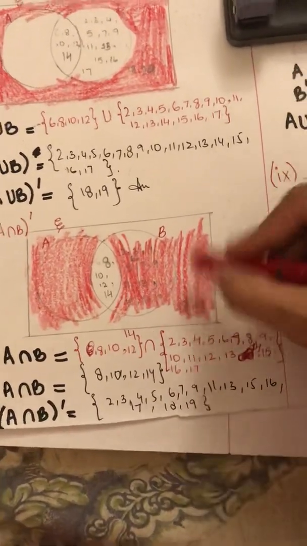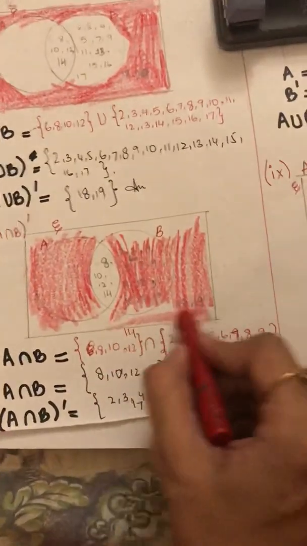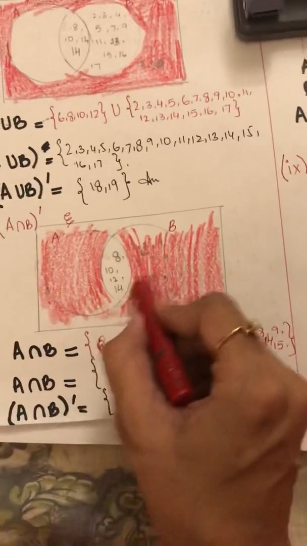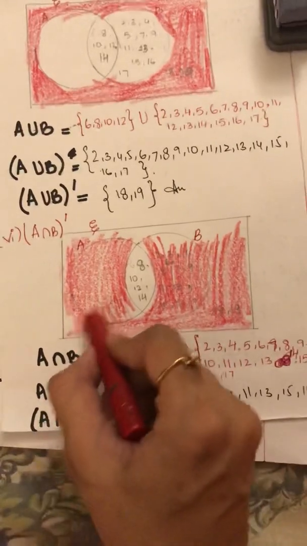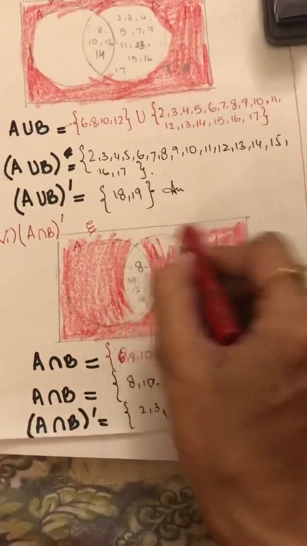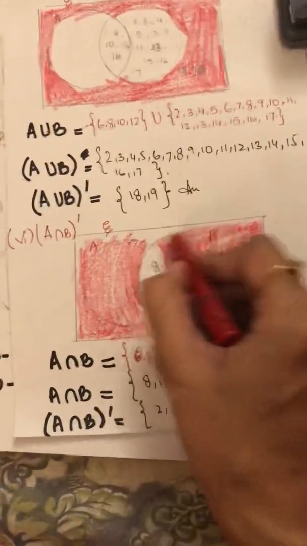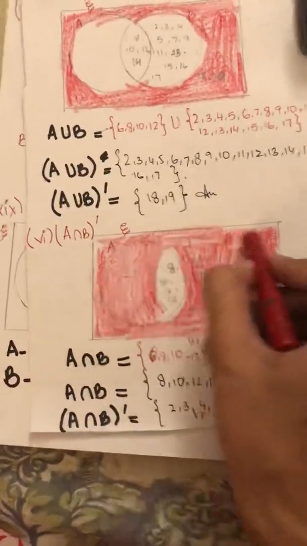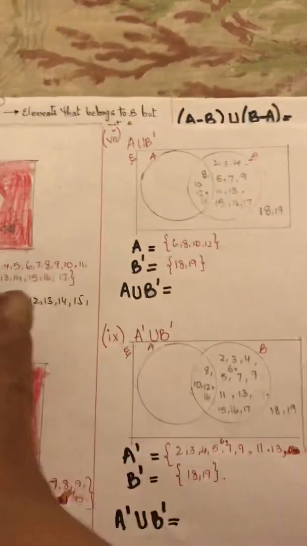This is how we are shading. I'm shading afterwards, mathematically, because this red color is hiding the numbers and the elements of our subsets. That's why I'm shading it later on. I'm sure things are going good with you, right?